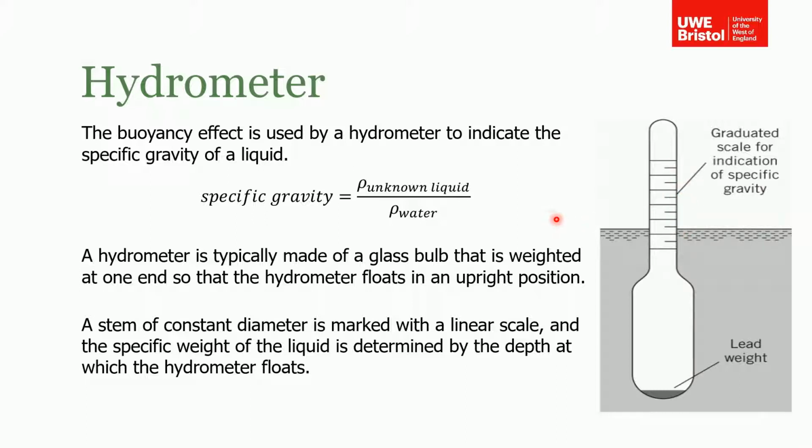Okay, so you can use this to work out the density of your unknown liquid, normally referred to as specific gravity, which is the density of your unknown liquid relative to the density of water. And as I say, this is quite useful, particularly for amateur winemakers. So you can use that to measure the alcohol content of the wine, because as the alcohol content changes, the density changes, and then the reading on this changes.